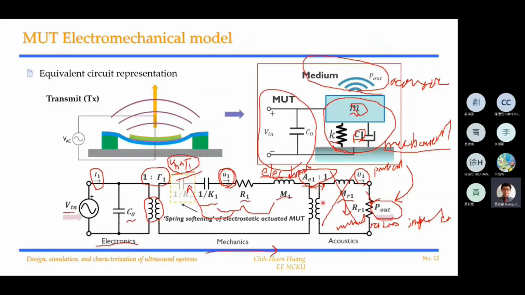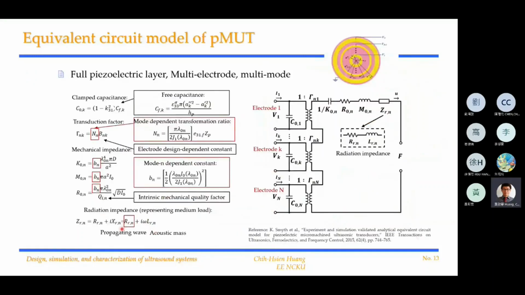As we said, we need to put a conversion ratio here to move the impedance into the mechanical domain, right? So the impedance here actually includes the conversion values, okay?